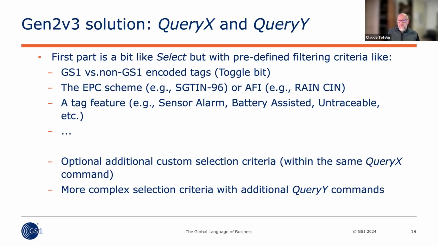The first part of the new command is a little bit like the Gen2v3 select command, but we added what we call predefined filtering criteria to make the life of end users easier. For example, you can easily select tags that are GS1 encoded, that carry an EPC, or on the other hand, only tags that carry an ISO numbering system, and get rid of all others.